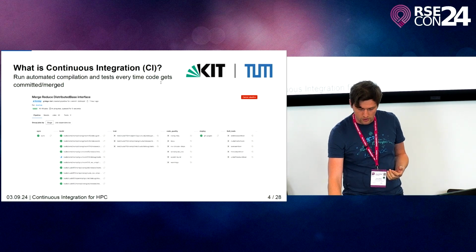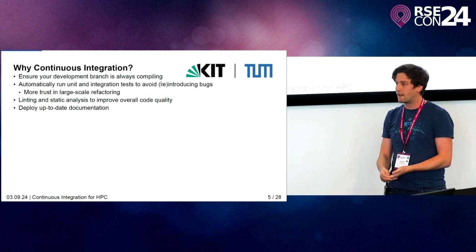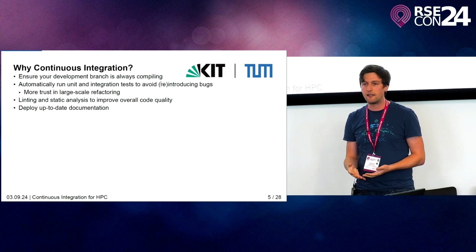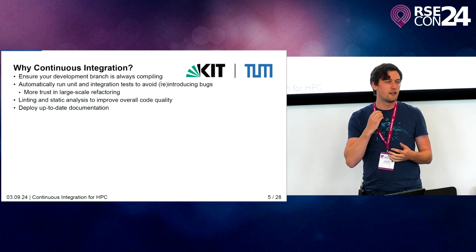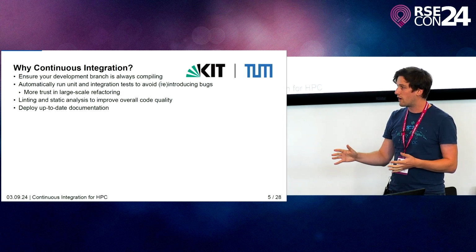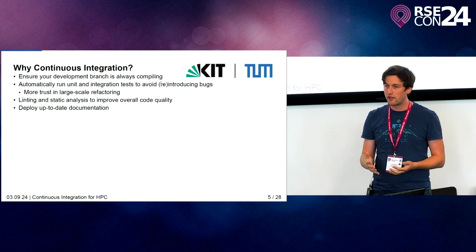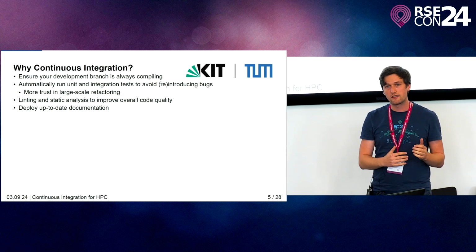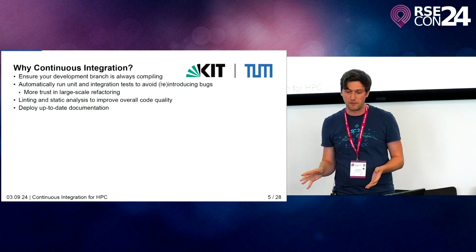Basically, this gives us a lot of trust in making bolder changes to our code, because we always know that our develop branch is going to compile and not have any failing tests. We know that we can make larger scale changes and trust that we are not breaking anything fundamentally.